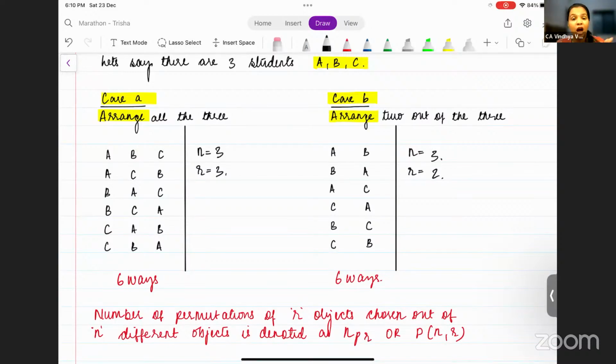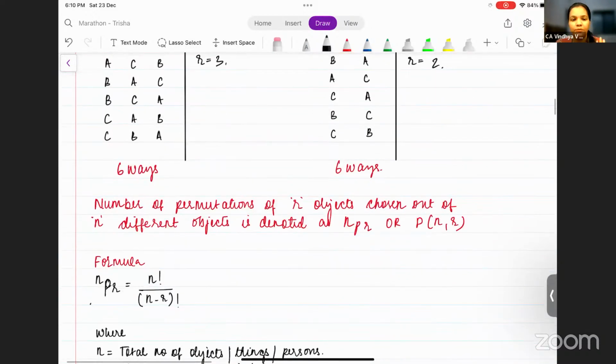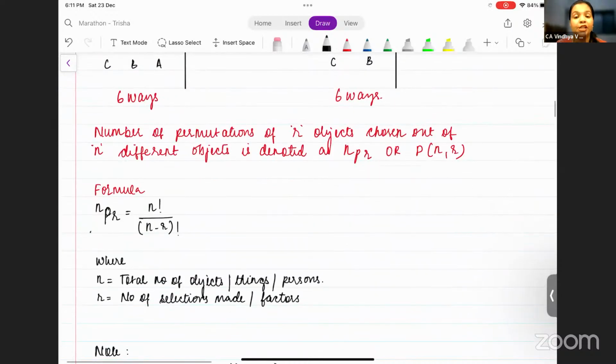So the number of permutations of r objects out of n different objects is denoted as nPr or P(n, r), where the formula for nPr is n factorial divided by (n minus r) factorial.